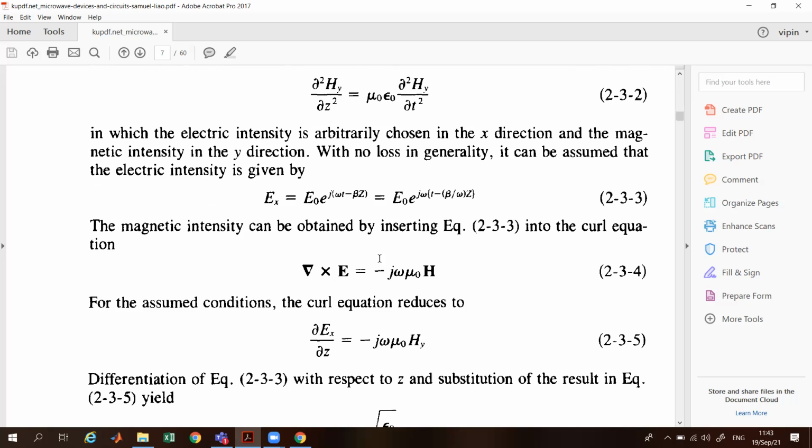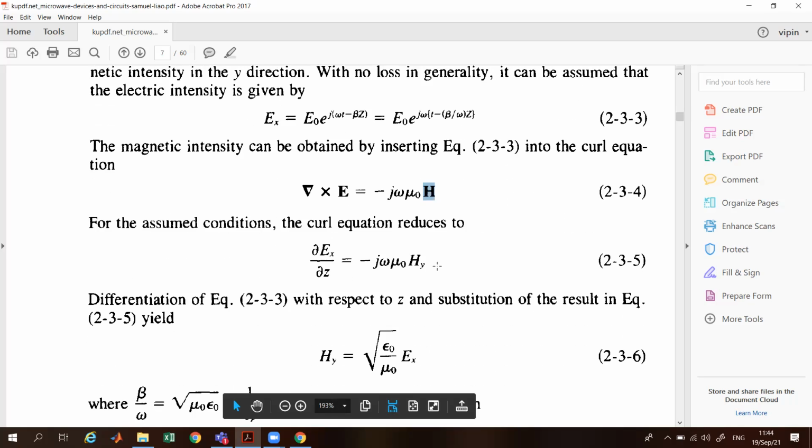Now, if we put in our curl equation, curl of E will be equal to minus j omega mu naught H. So we can say that d by dz of Ex will be equal to minus j omega mu naught Hy, because the electric field exists only in the x direction and varies in the z direction, and the magnetic field exists only in the y direction.